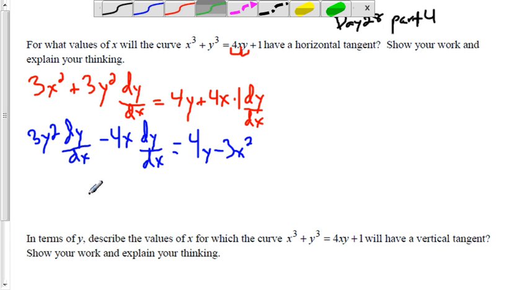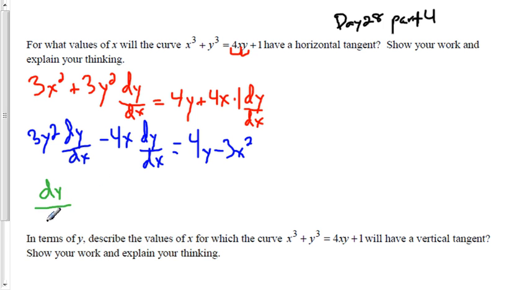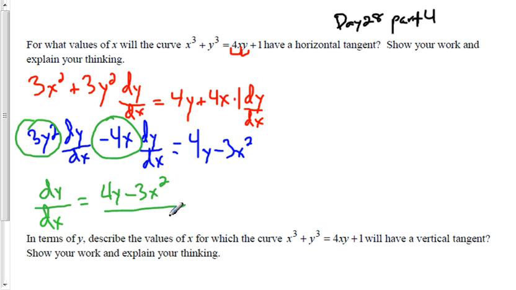Now let's factor out dy/dx. And when I factor out dy/dx, I'm left with 3y squared minus 4x. Then I'm going to divide both sides by that. So I'm skipping a step here. We can talk about that in class if you're not sure what I did. I'm left with that divided by 3y squared minus 4x.